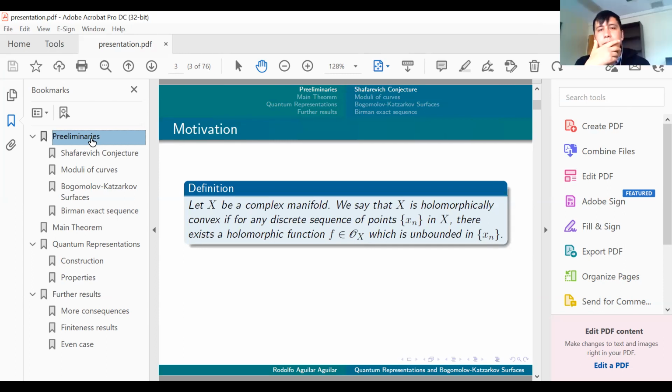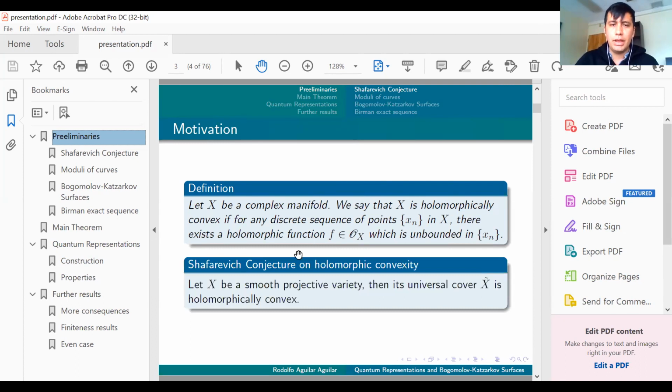In general, I suppose that it's true. I don't know, but as it is very related to the fundamental group and it doesn't change, we don't expect to have counterexamples. Actually, we were searching for counterexamples not in the projective case, but even in the quasi-projective case.